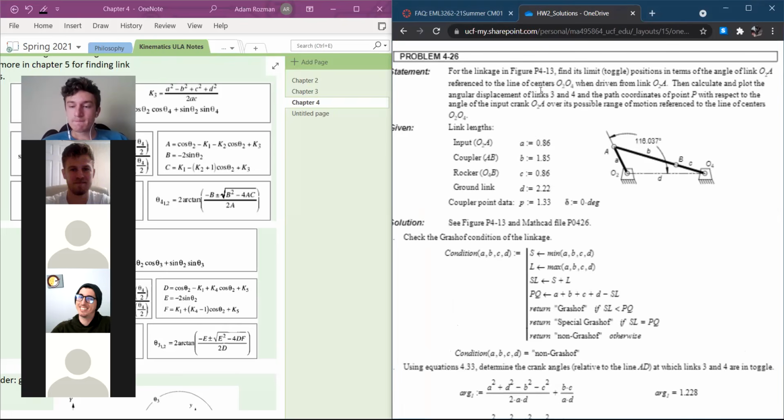So they give you the lengths here. The very first thing we want to do if we're given the lengths is calculate Grashof. These are a lot of digits to write out.